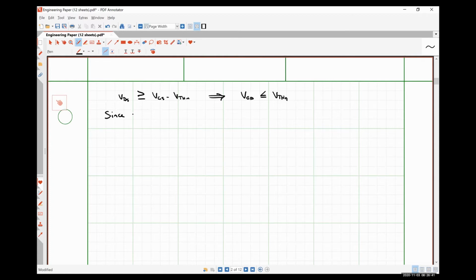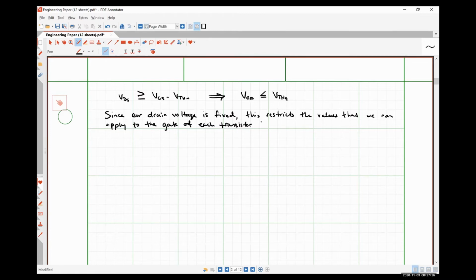Since our drain voltage is fixed, this restricts the values that we can apply to the gate of each transistor. Which, if you'll recall, are our input voltages.